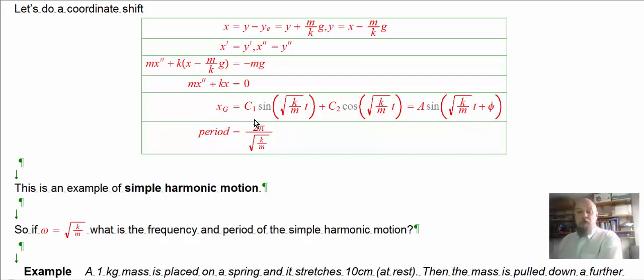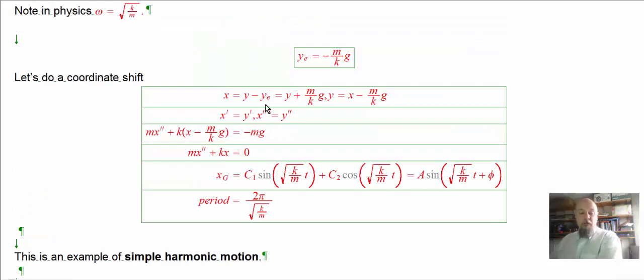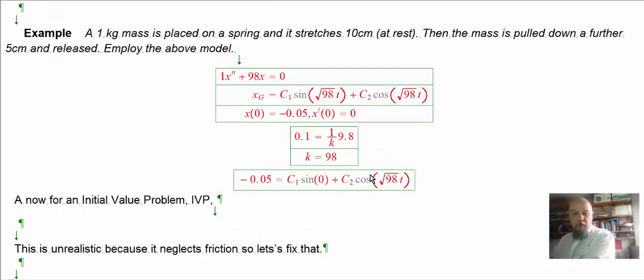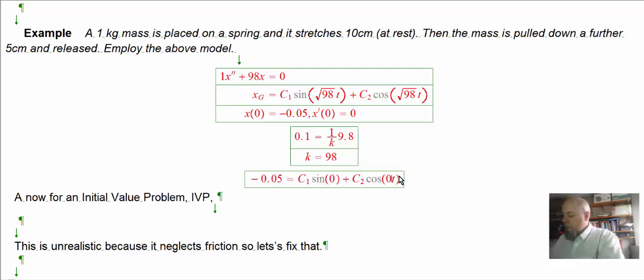If I really wanted it to be y, I'd go back up to here, and y is just equal to x with a coordinate shift. So when I make t equal to 0, sine is 0, that's going to be 0. Cos is 0, that's going to be 1. So it looks like C2 must be equal to minus 0.05.